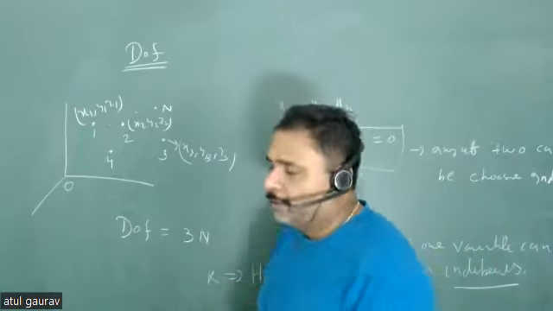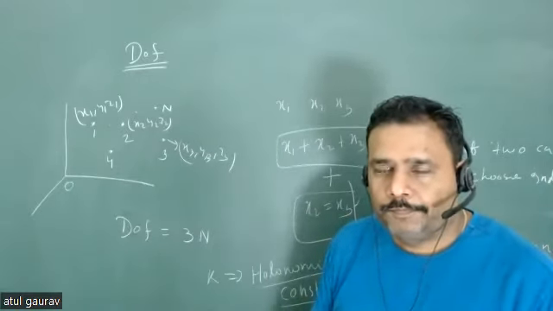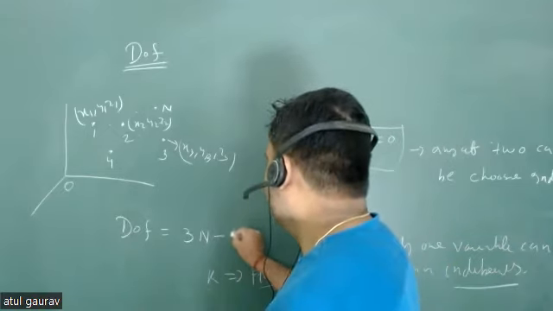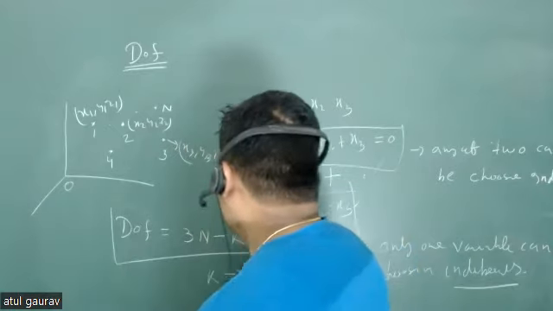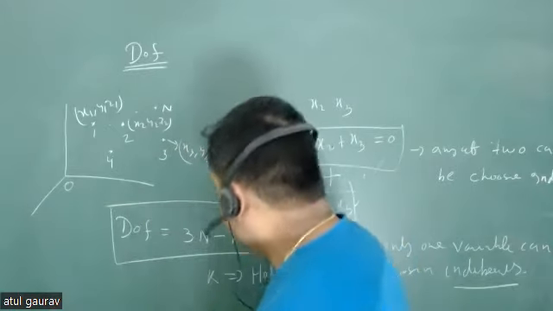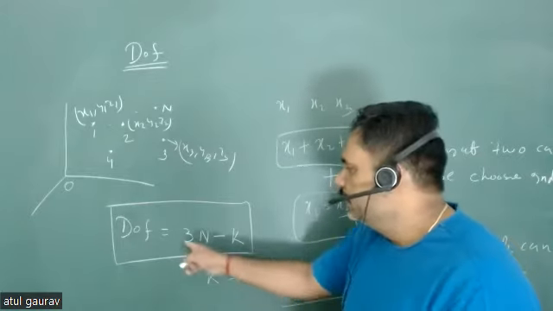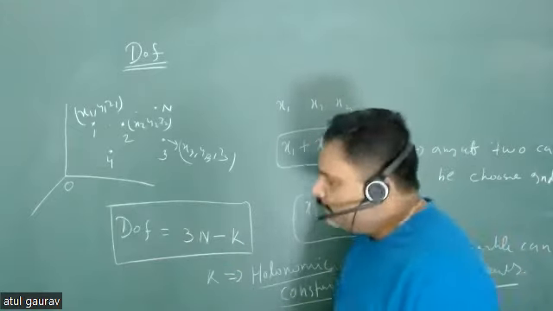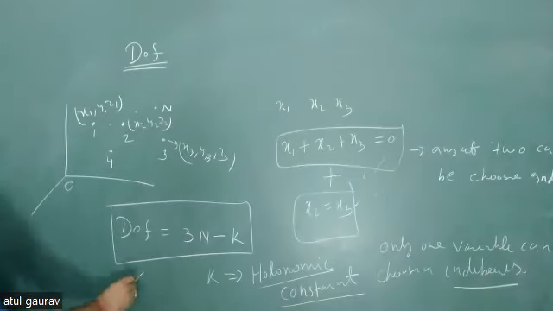Then is the degree of freedom going to increase or decrease? Decrease. So that will be negative of k. So degree of freedom for n particles is defined as 3n minus k, and it will tell you the independent motion of a system.